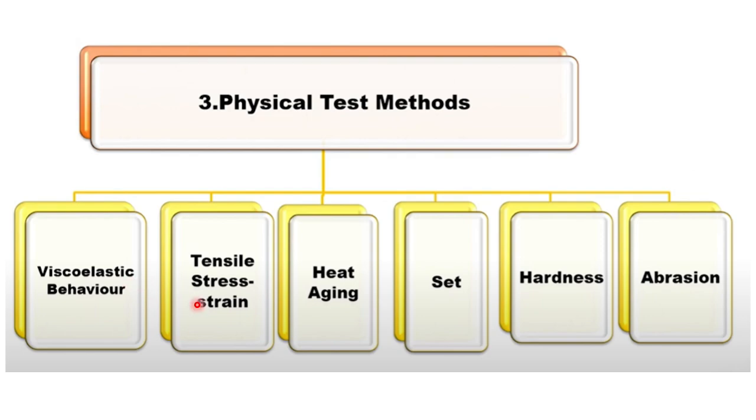For example, if you are getting a tensile stress around 30 MPa, there is a much higher chance that NR is used. Then heat aging, set, hardness. For example, if it is the tread part of a tire material, the hardness and abrasion resistance must be higher, so there is a chance that butadiene rubber is incorporated.